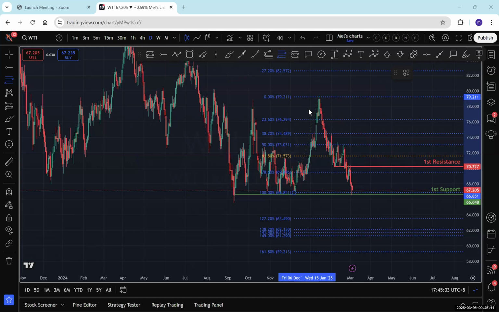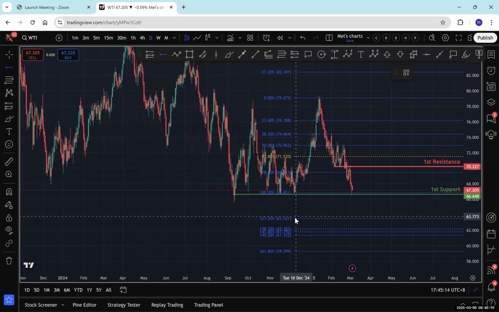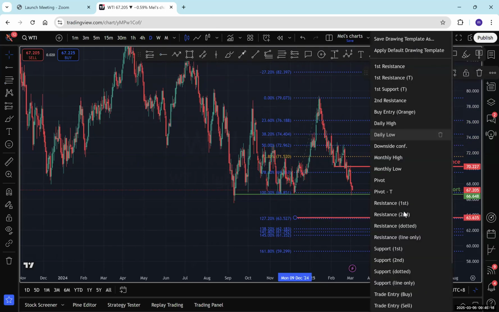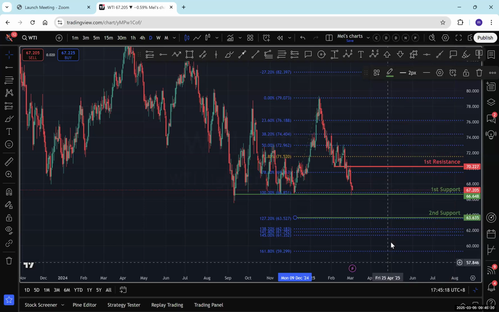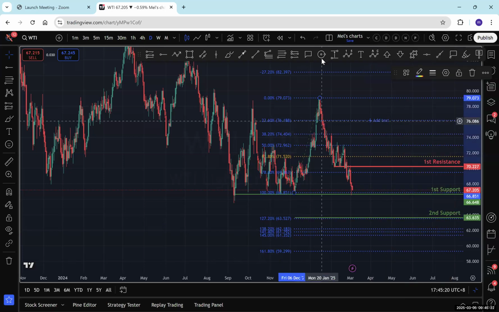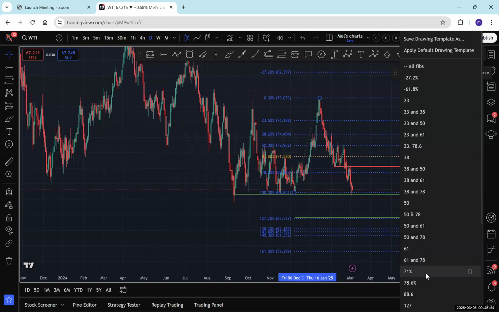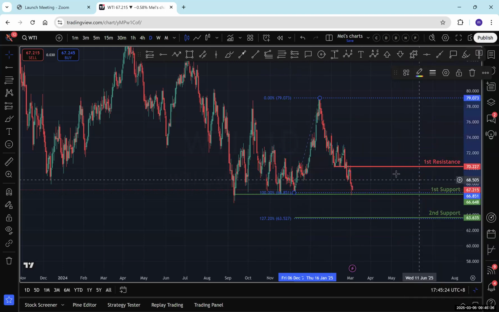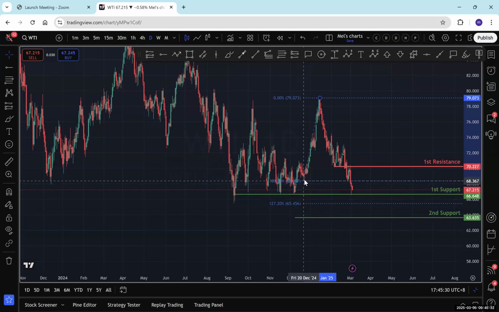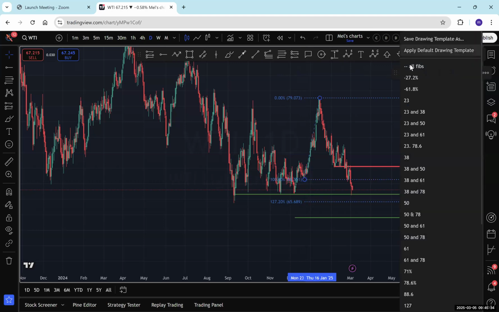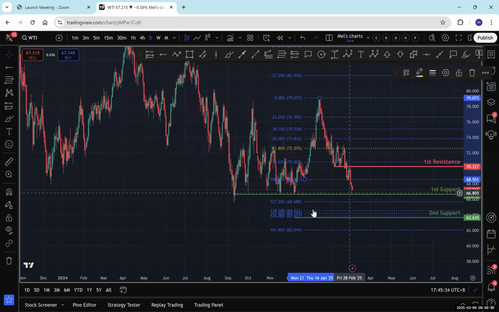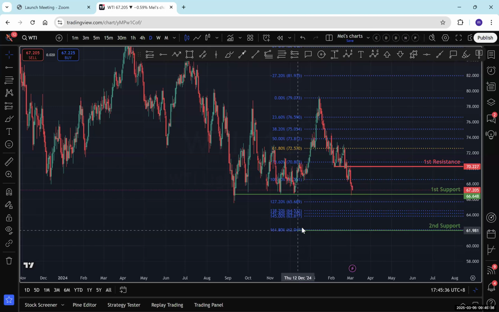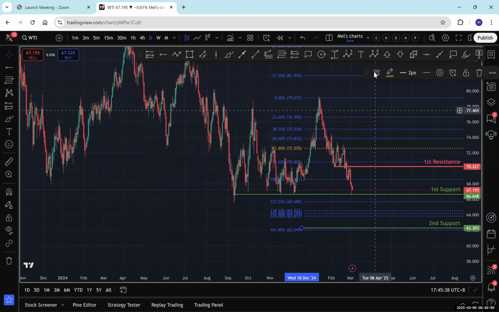So I'm gonna use a second support over here in line with the 127 level. Okay, so this is what we call kind of a Nike tick shape. But actually, yeah, I might move that level to here instead.